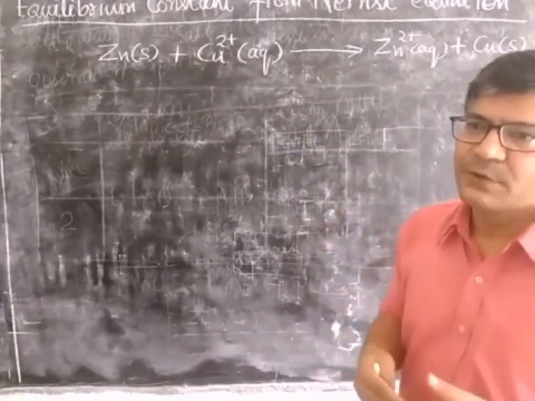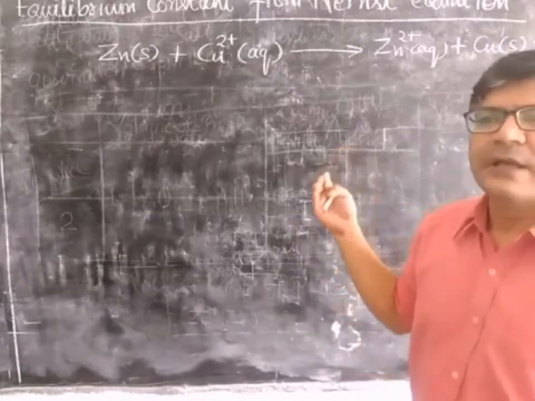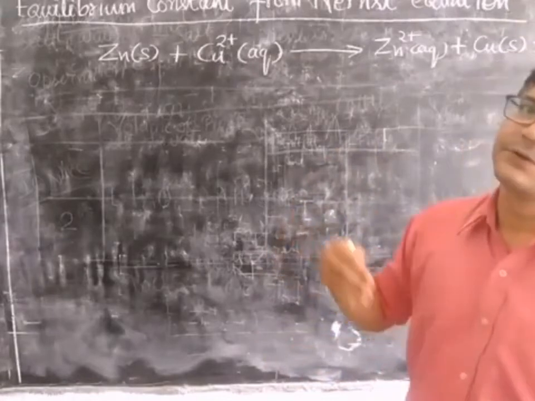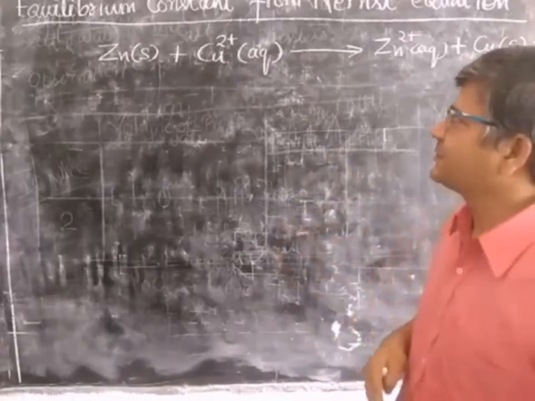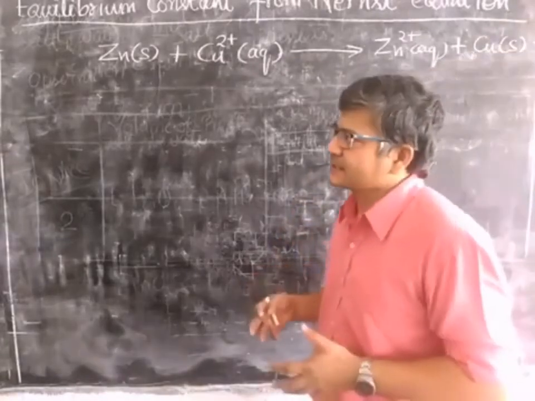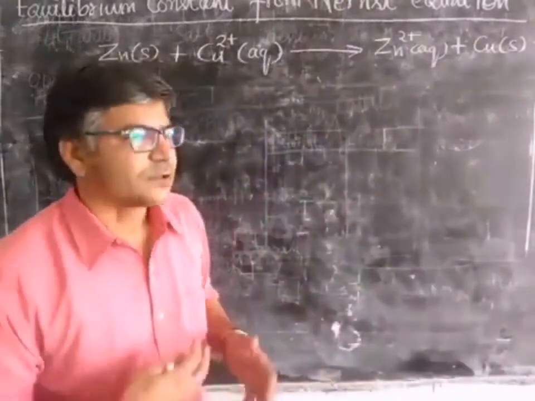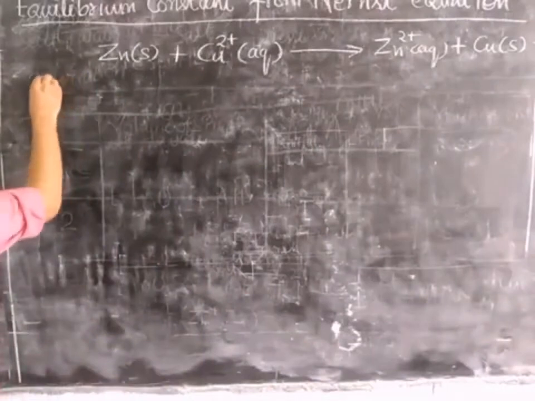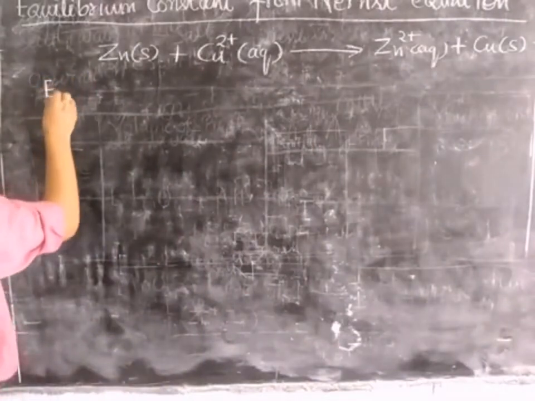But a time will come when there will be an equilibrium. The rate of forward reaction will be equal to the rate of backward reaction. In that case, let's find out the value. For this, we need the equation of the cell.